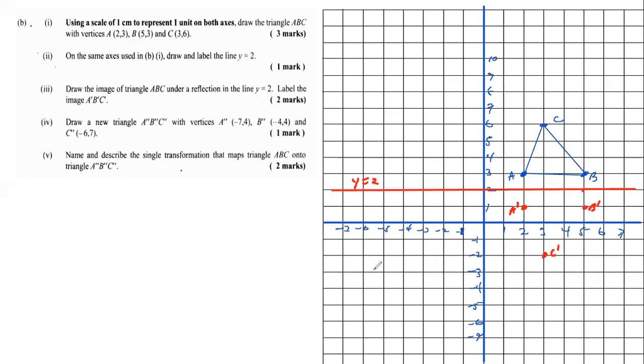Then what we do again, sir? Come again? Sure, no problem. Remember that the mirror line is y is equal to 2. So you count from the A to the mirror and from the mirror to that side. So 0, 1, 0, 1. Then the C, 0, 1, 2, 3, and 4.